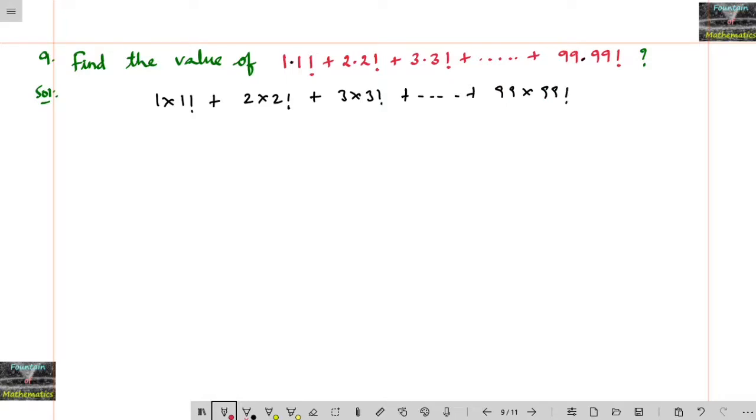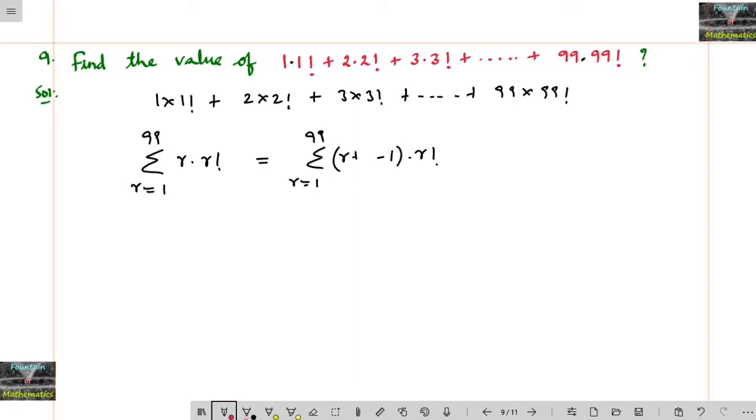Okay, this can also be written in summation form: summation r is equal to 1 to 99 of r into r factorial. And this can also be written as summation r is equal to 1 to 99 of (r plus 1 minus 1) into r factorial, right?